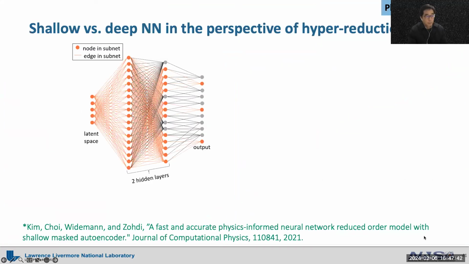And our group intentionally used a specific type of neural net architecture, because when you do hyperreduction, you have to choose the collocation points, and if you have a deep neural network architecture, then the connected nodes in the hidden layers keep increasing, and you do not get much computational gain.